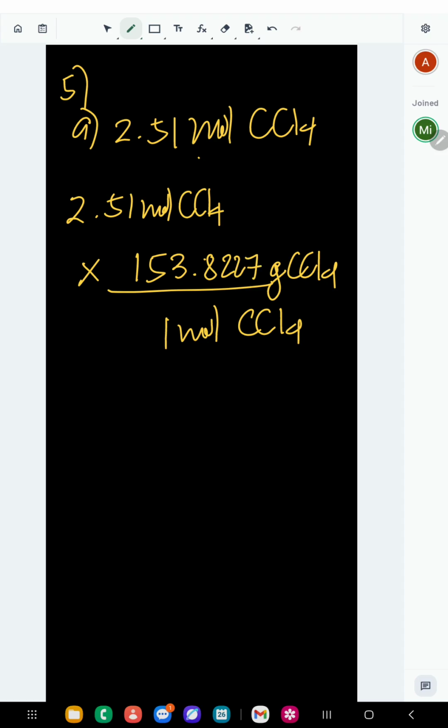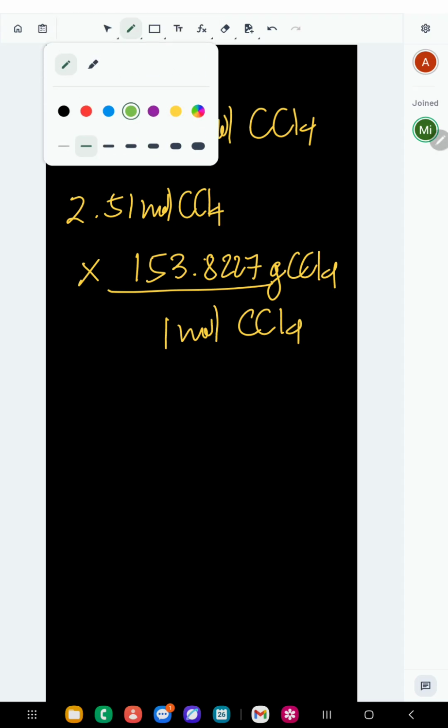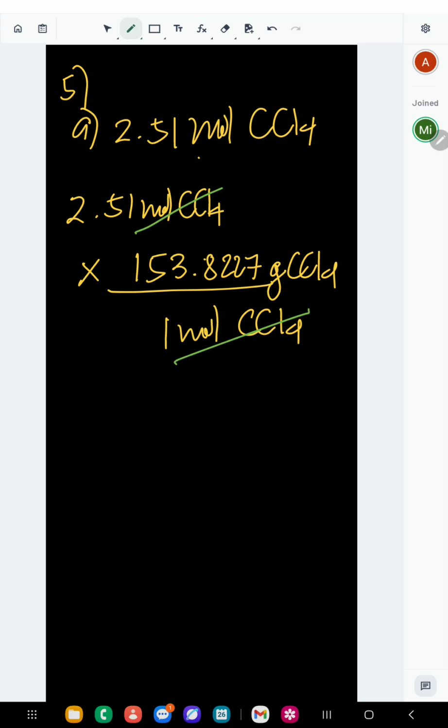Then you multiply that by 2.51. No, you multiply it by 1 mole. So you can cancel the mole unit of CCl4. Then you'll be left with grams. It should be, because we are interested in grams.